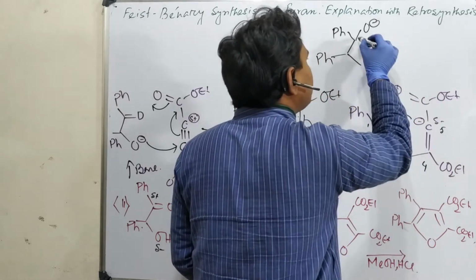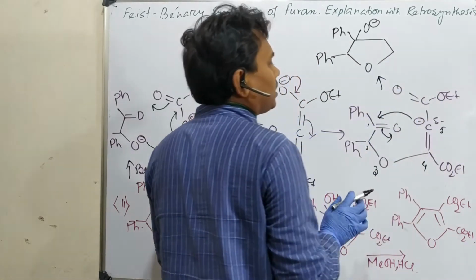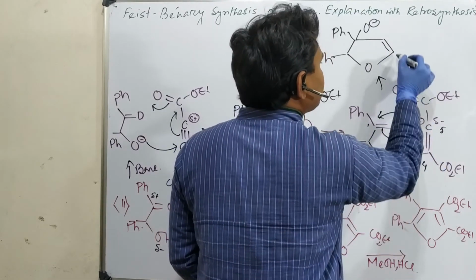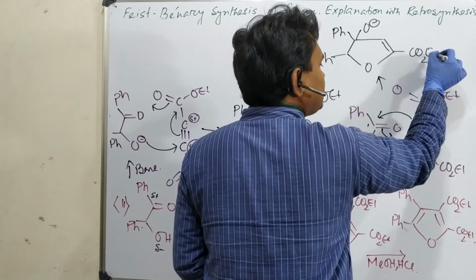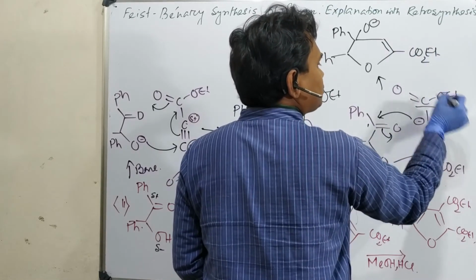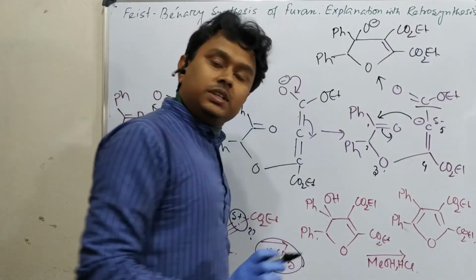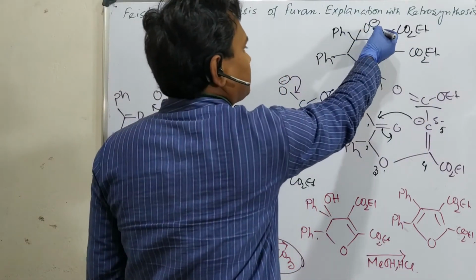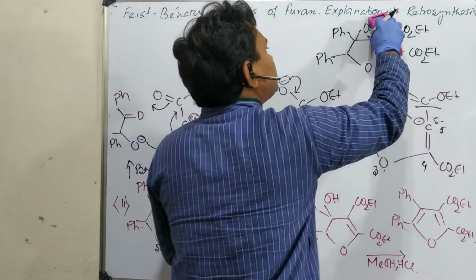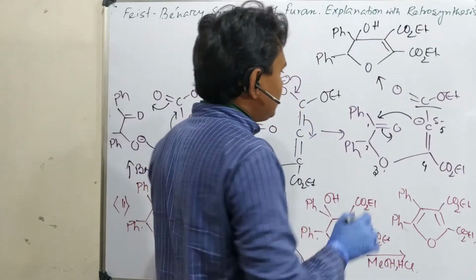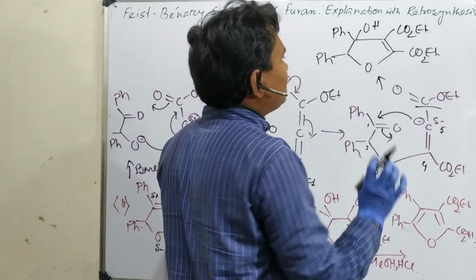So a 5 member ring forms. Now there was a double bond previously, and with oxygen there was a CO2Et, and now this carbon is also attached to CO2Et. It will abstract a proton from the reaction medium to prepare this beta hydroxycarbonyl type derivative. Fine, this is an intramolecular aldol type attack.